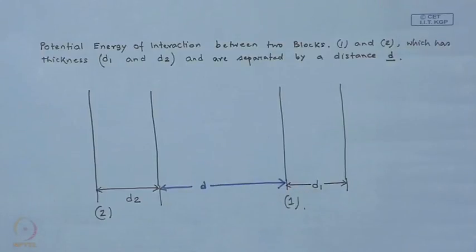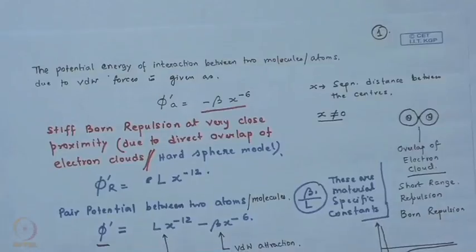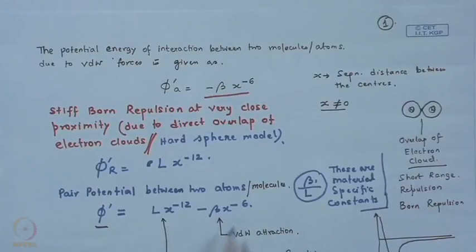We are interested to find out the total potential energy of interaction between these two blocks, and for that we will consider only the attractive part of the van der Waals interaction.